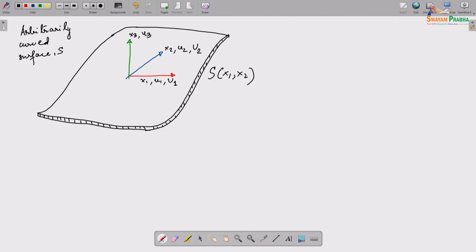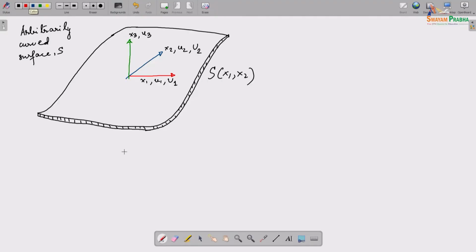I haven't written a capital U3 there, meaning a velocity component of the free stream. The free stream we're taking as having two components only, in the x1 direction and x2 direction, and x3 is the direction always perpendicular to the plane formed by x1 and x2.